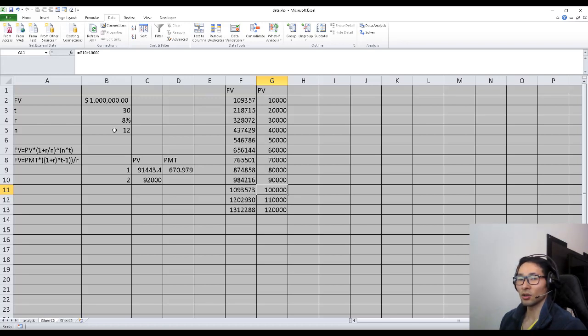So I would get closer and closer to the real amount, the amount that gets me $1 million in the future. But I will not do that here, guys. You already got the idea, right? And we can do the same thing to calculate PMT. But the main difference is, instead of PV, we create an additional column here called PMT. And we have to use this different model here, the second equation, to calculate the future values.